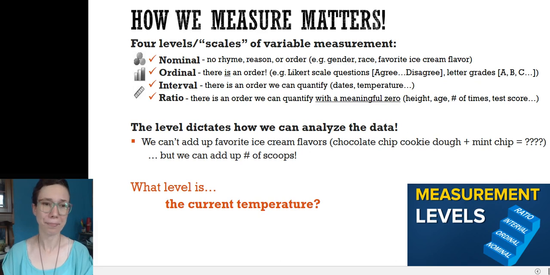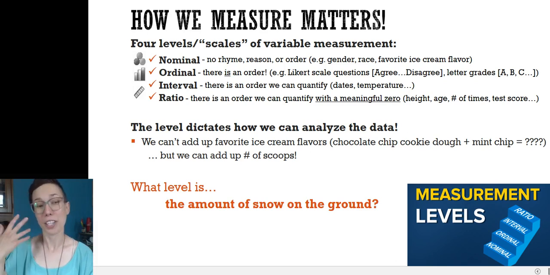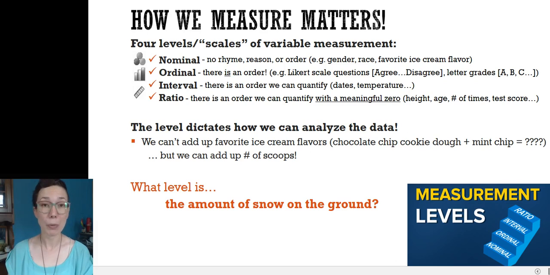We can structure it. Current temperature. This is the giveaway one as well, a little bit. Interval level data. How about the amount of snow on the ground? Hopefully you're thinking ratio level data. This is one where we would have a zero. 0 inches of snow means that there is no snow.